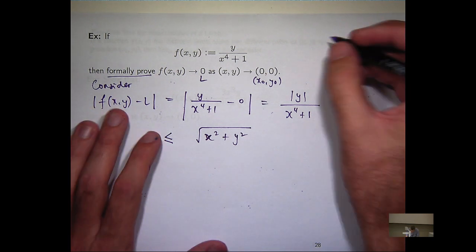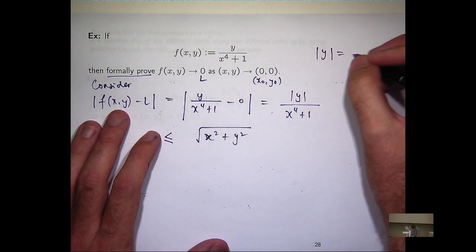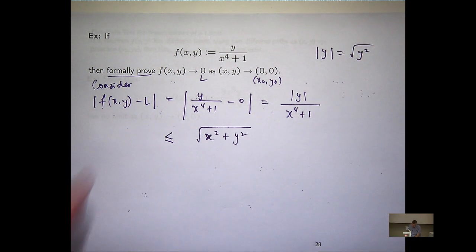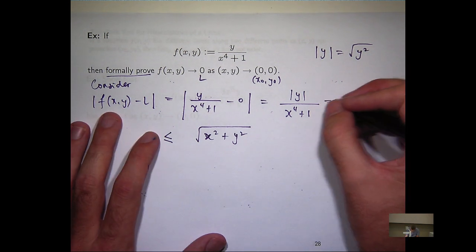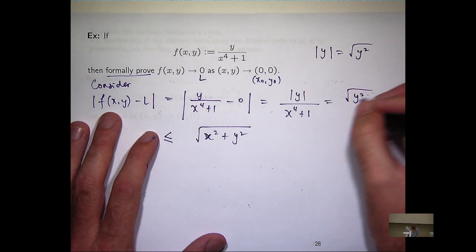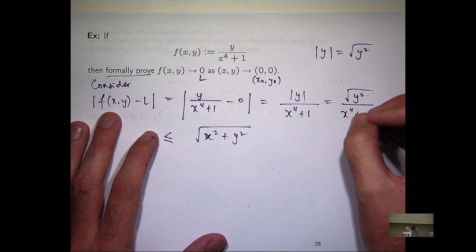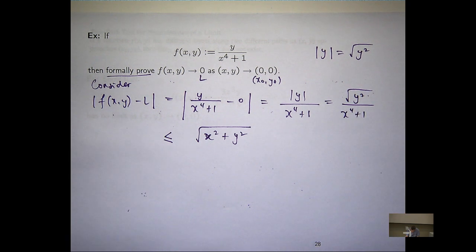Now, this relies on the fact that this is true. So if you wanted to write an extra line here, you can write it like that. Pretty sneaky.